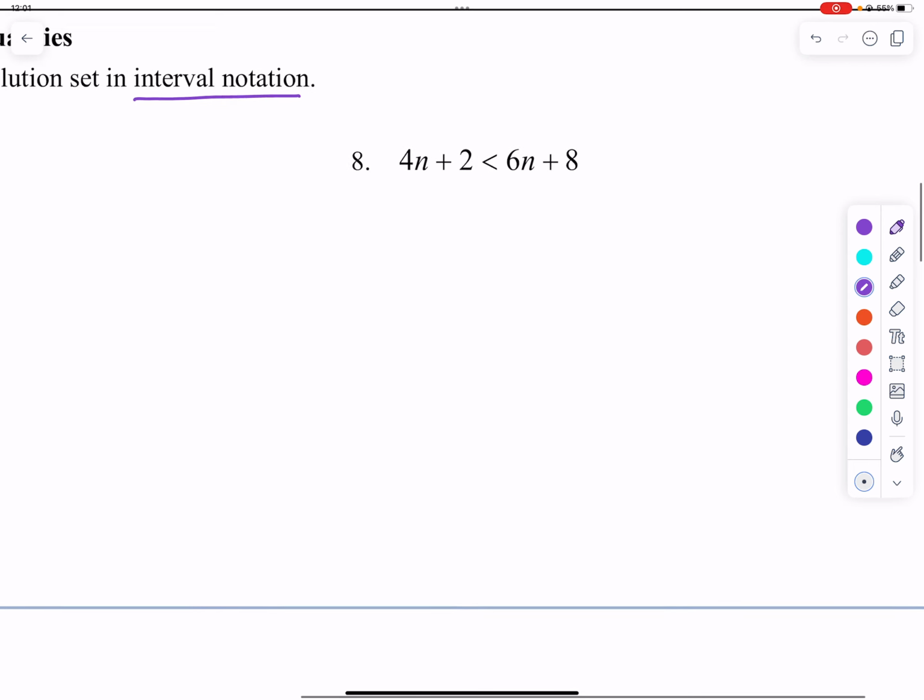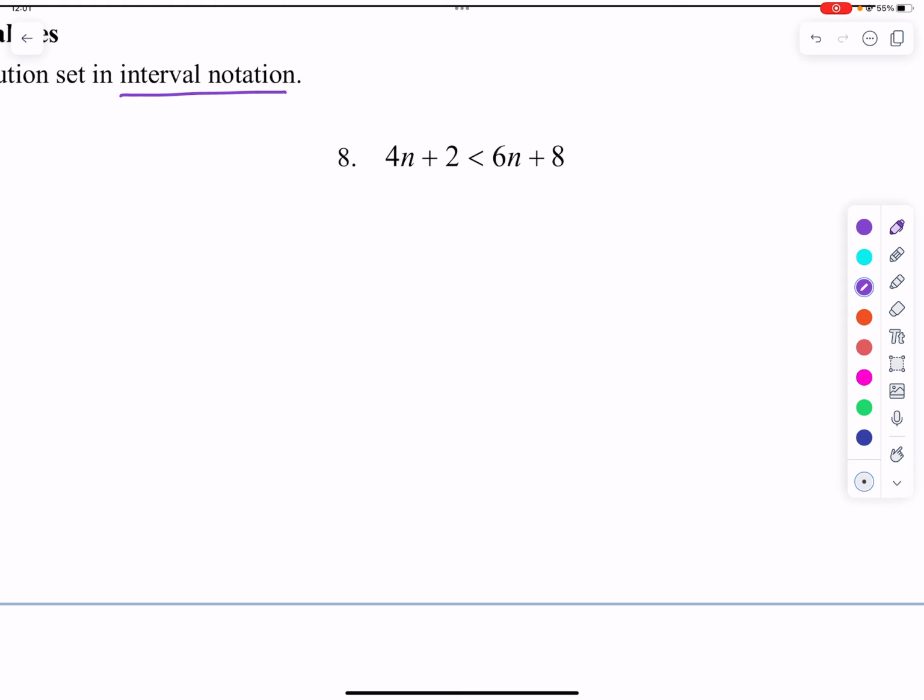Okay, let's go ahead and take a look at this next one. We will subtract 6n from both sides, and we have a -2n plus 2 is less than 8. We will subtract 2. We have a -2n is less than 6.